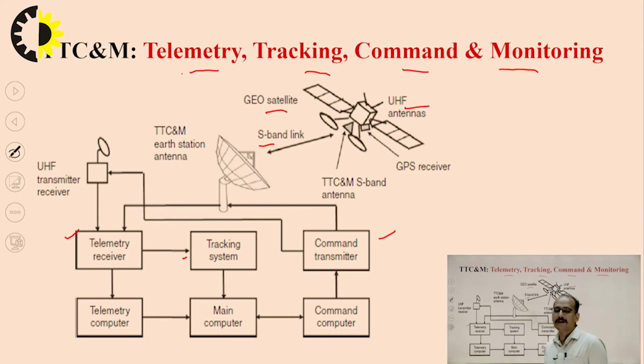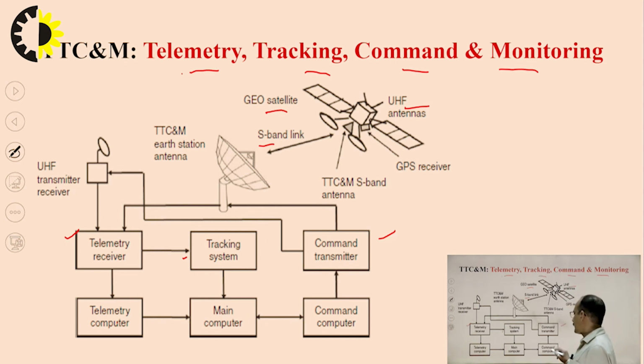Then the telemetry receiver will decide whether this data is related to the attitude and orbital control subsystem or the satellite health monitoring. Then as per the requirement, that data goes to the telemetry computer, and the telemetry computer gives that data to the main computer, where the main computer will process the complete data and create the commands.